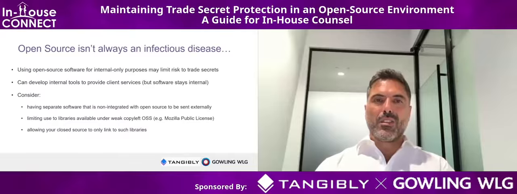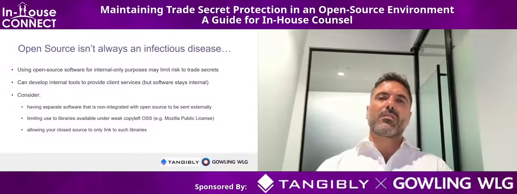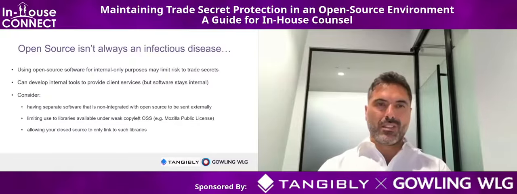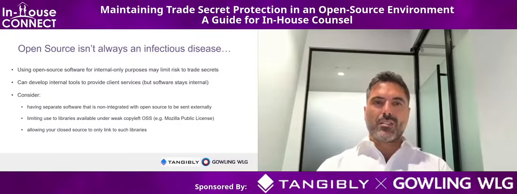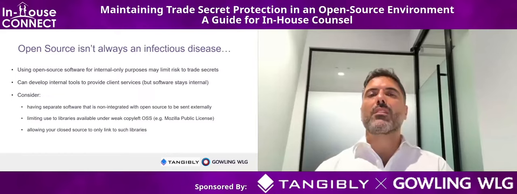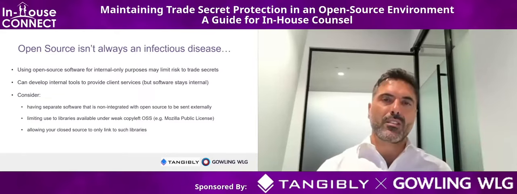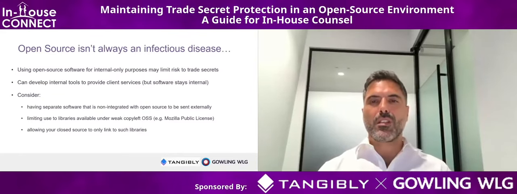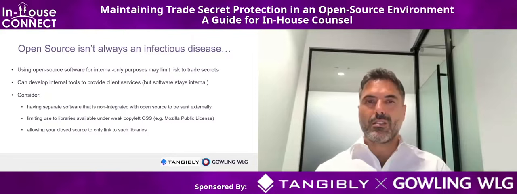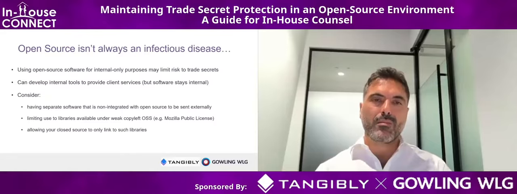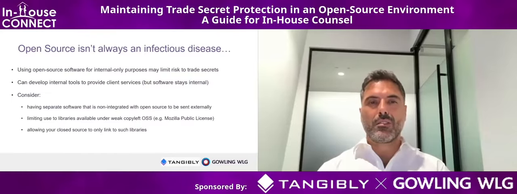You can use the open source to develop internal tools, but those tools remain internal. And you can also consider having separate software that is not integrated with the open source, but you can send externally. So you just keep them separate, you segregate them, and you can use your software externally.